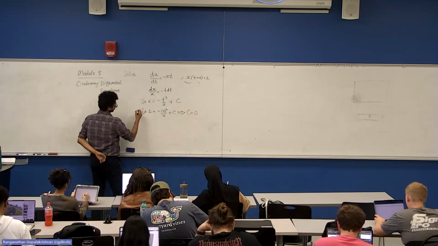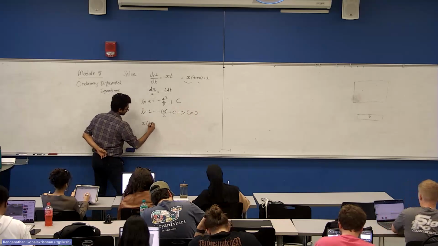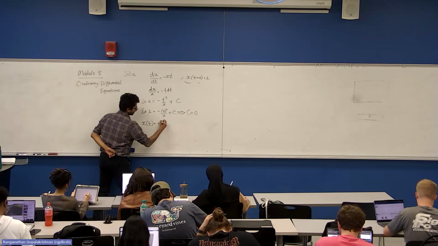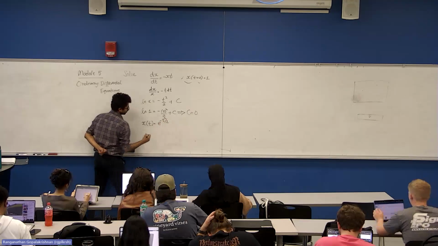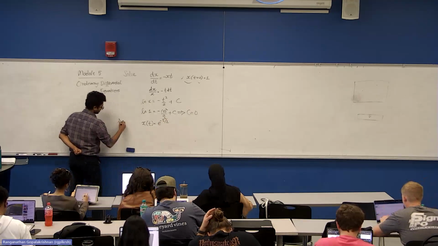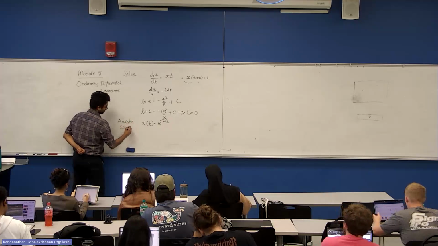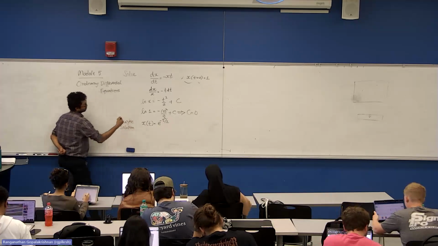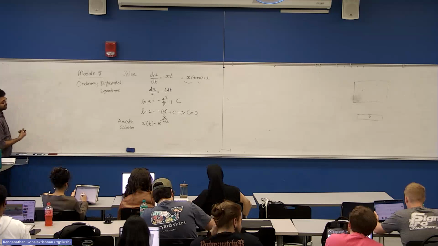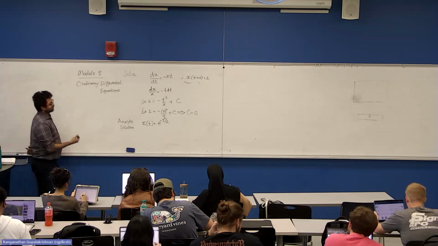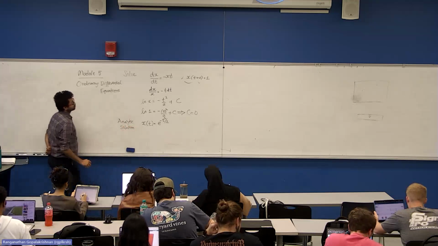So the solution to this problem is x of t is exponent of minus t squared over 2. This is what we would call an analytic solution, meaning we just obtained it by mathematical manipulation at every step, some algebra leading to this function.